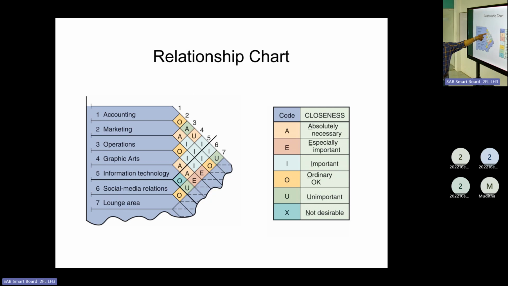That is one. And then marketing and operations. Graphic arts and IT. And graphic arts and social media relations. So write down such summary information on one slide. Those 4 pairs of departments should be located together, as it is absolutely necessary. They are very important.